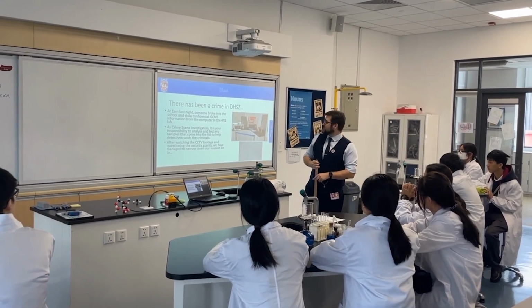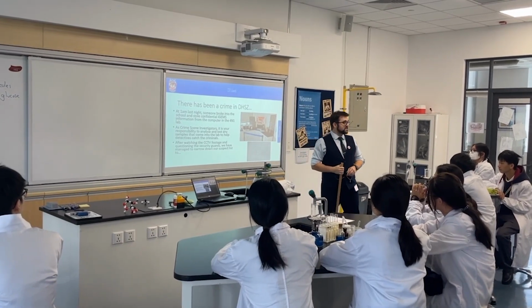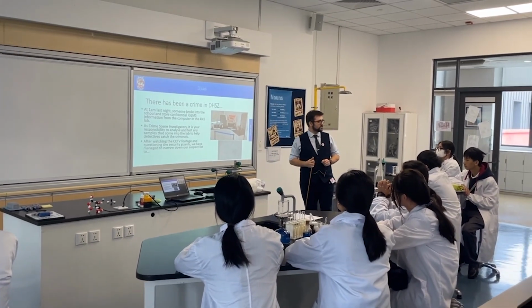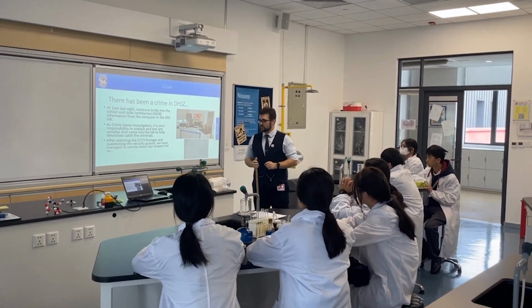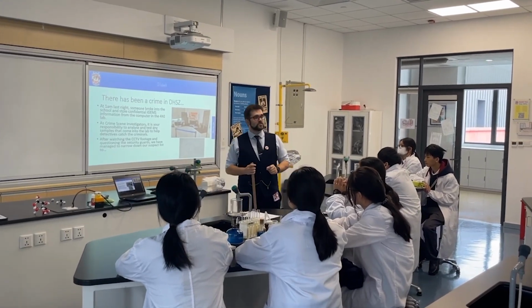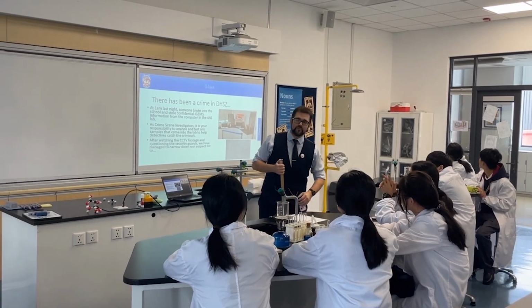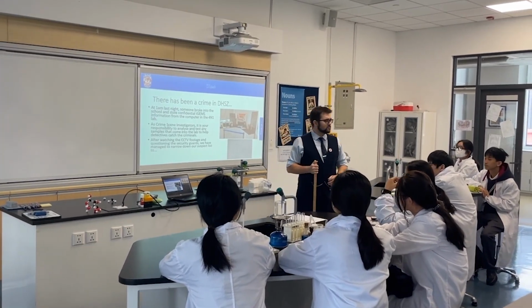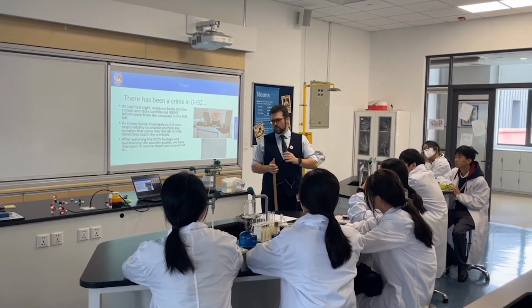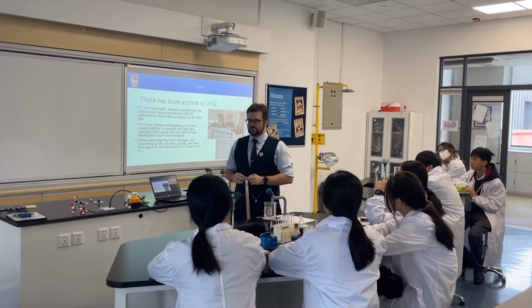Now, as crime scene investigators, it is your responsibility to help us catch the person who has committed this crime. We have managed to obtain CCTV from the cameras outside this very room, and we found somebody coming in at that time. So we identified who we thought they could be.